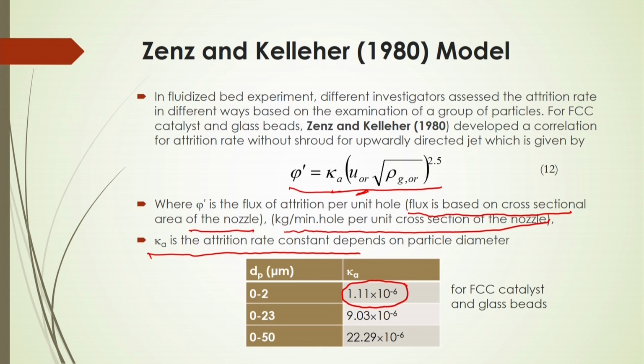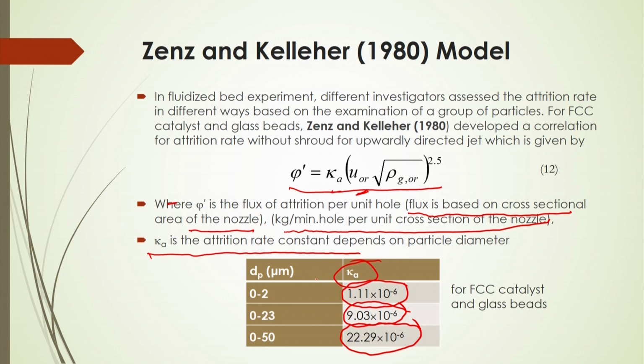For 0 to 23 micrometer diameter, their attrition test gives 9.03 into 10 to the power minus 6, and for 0 to 50 diameter, this attrition rate will be 22.29 into 10 to the power minus 6. So, in the 10 to the power minus 6 range, the rate constants will be obtained. These are the typical values they have obtained from their experimental data.